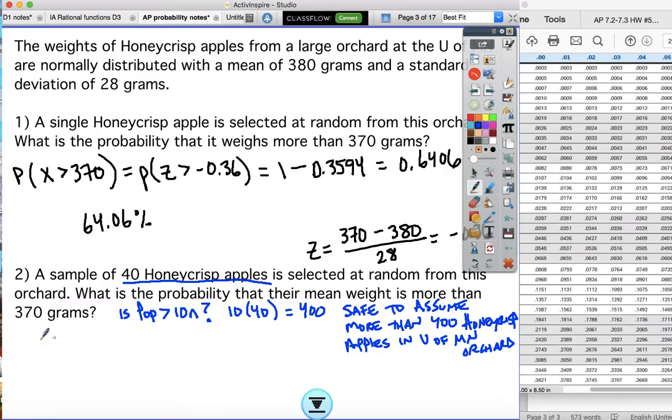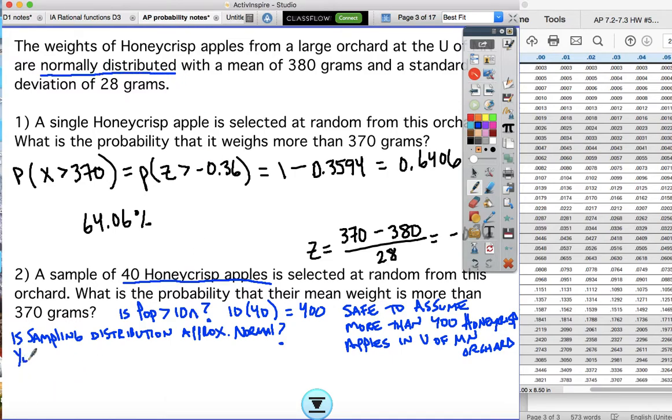Okay, the other thing we need to check for is the sampling distribution approximately normal. And what we always want to do is look up in the paragraph, and it said that they were normally distributed.